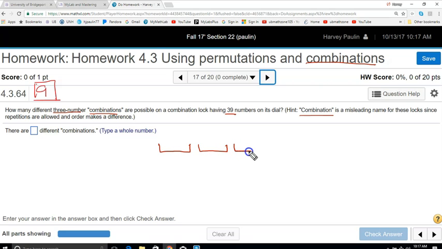We're going to use fundamental counting principles. How many possible numbers can you have in the first slot? Because repetitions are allowed, order is not important. So this would be 39, this would be 39, and this would be 39. So in a sense, we have 39 to the third power, and try that, see what you get.